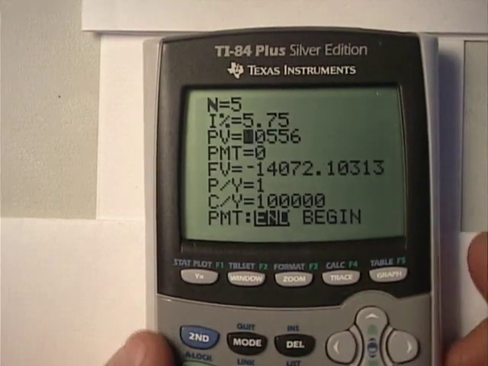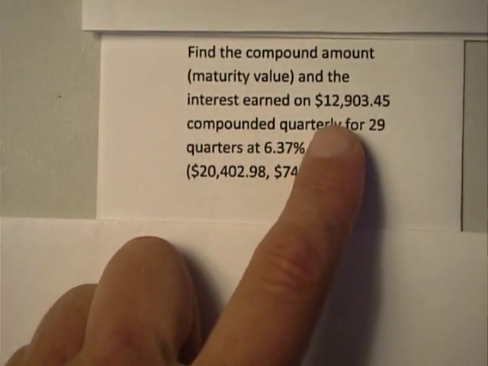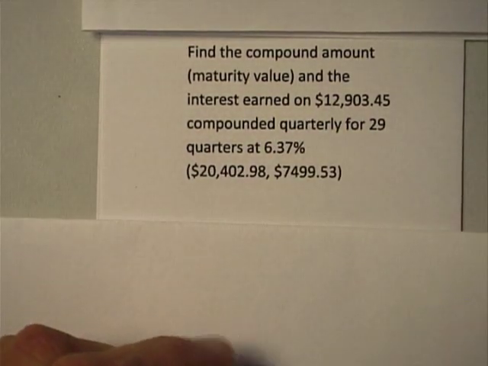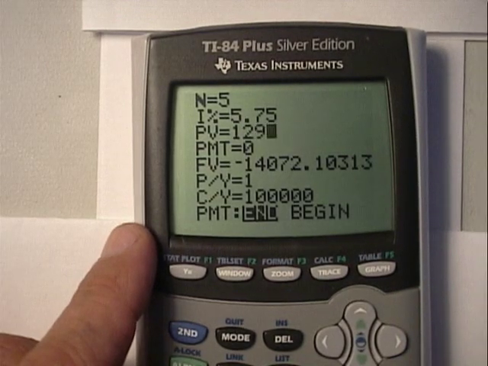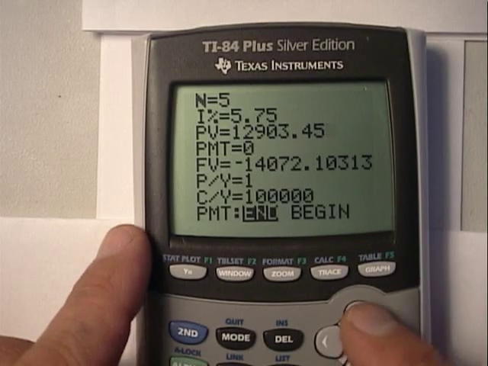All right, so let's see. We have this amount, the principal, or the present value, $12,903.45. So I put $12,903.45 in for the present value.